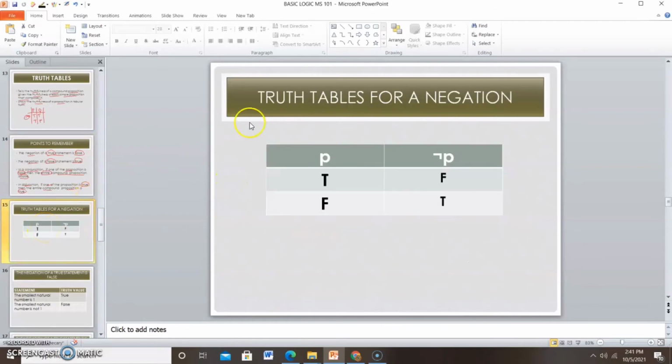An example of a truth table for negation: given P, the truth values are true and false.